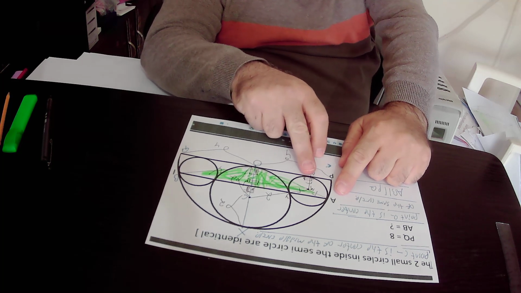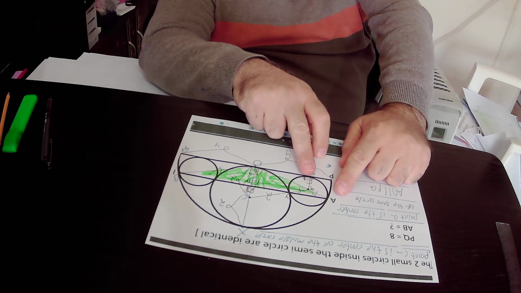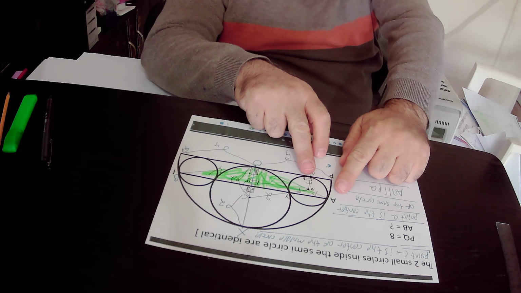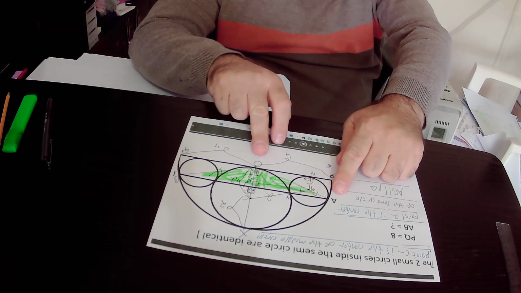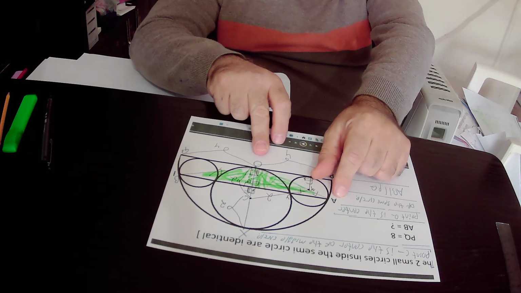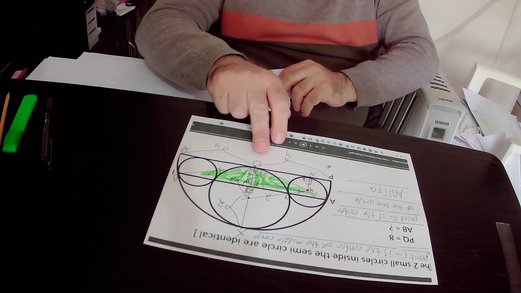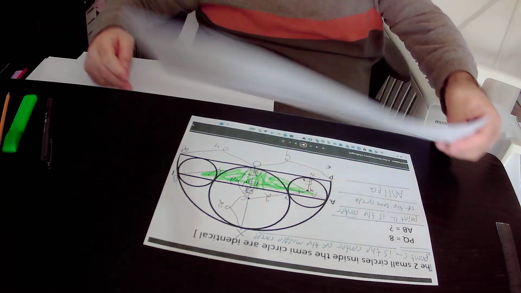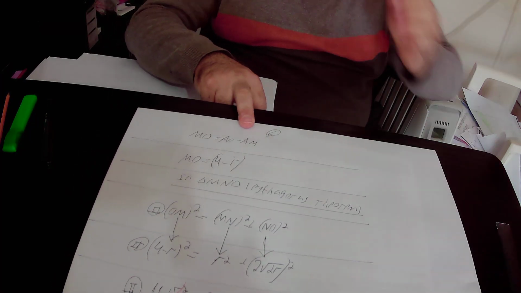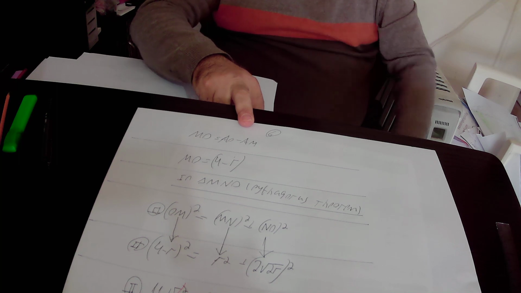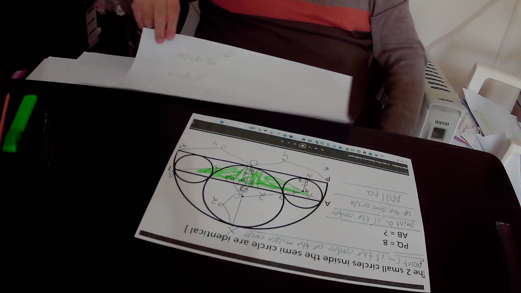As you can see from the drawing, AM is the radius of the small circle, that is to say it equals R, and MO equals AO minus AM. And AO, what is AO?